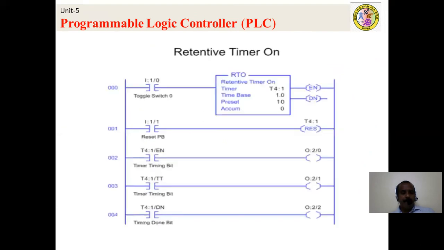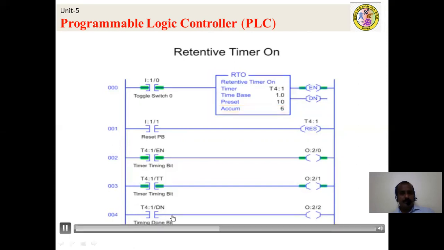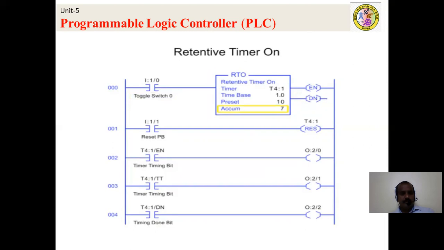For applications requiring the accumulated time to be retained if there were a system fault or the rung condition goes false, a retentive timer on is used. The retentive timer on is enabled and begins timing when the input conditions are true. By changing the rung condition to false in the retentive timer circuit, the accumulated value stops timing and retains the time recorded until the rung condition goes true again.